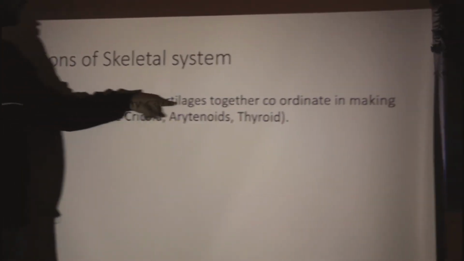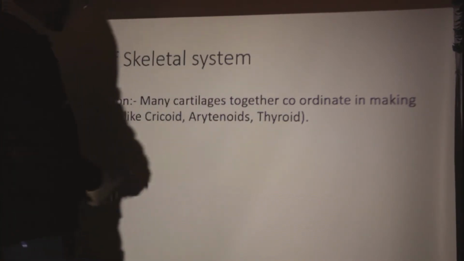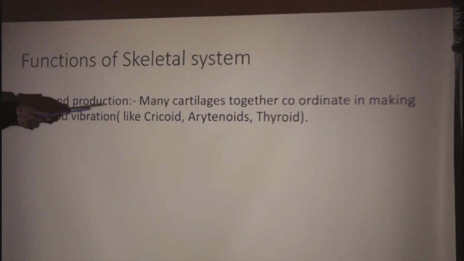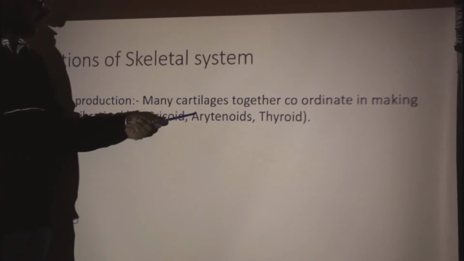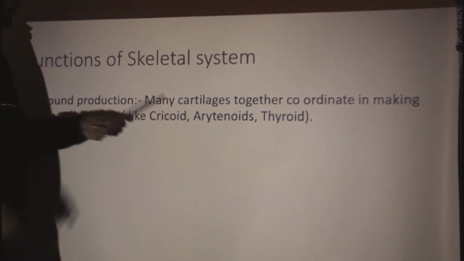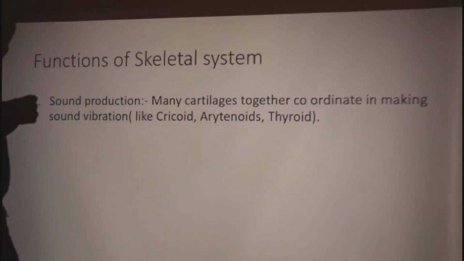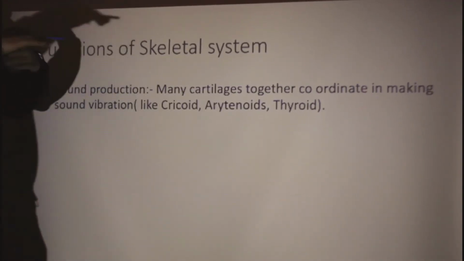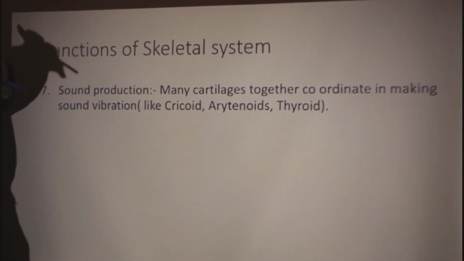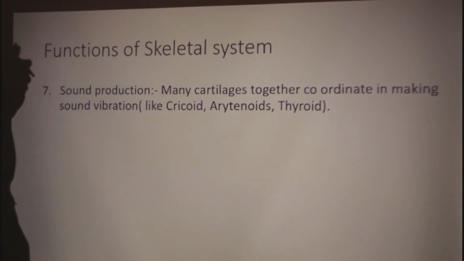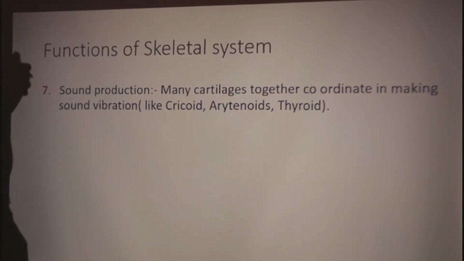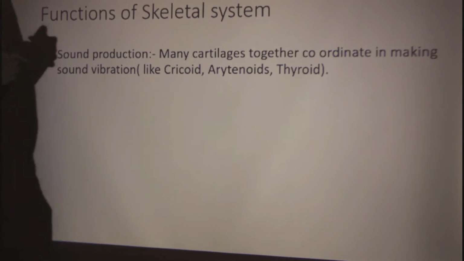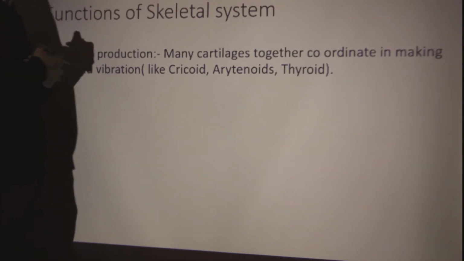Sound production. Many cartilages together coordinate in making sound vibrations, like the cricoid, arytenoid and thyroid cartilages. These are present in our neck. They work coordinately to produce sounds, and the vocal cords are among them, but I am not discussing the vocal cords because they don't come under the skeletal system.